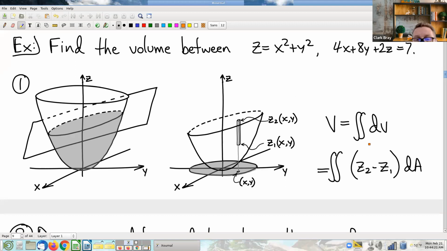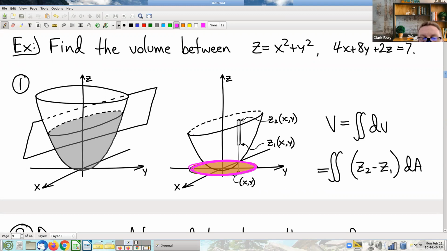Okay, so where does this domain come from? Well, I would understand this domain by this boundary curve. Where does that boundary curve come from? Well, it's the shadow. Again, appeal to the picture.